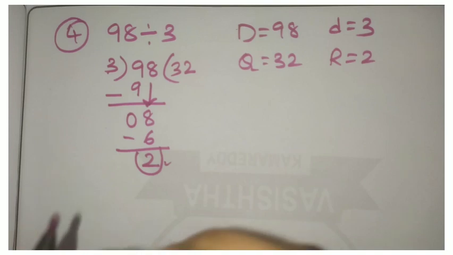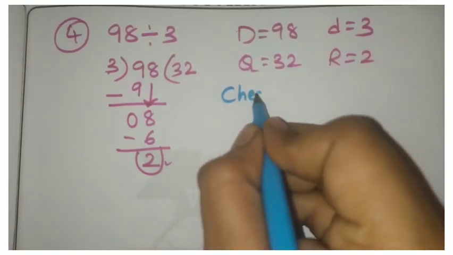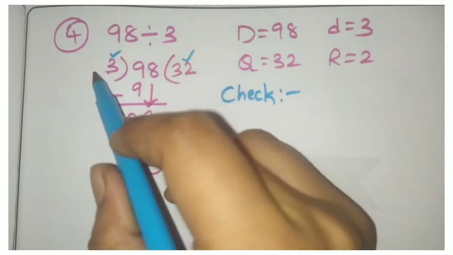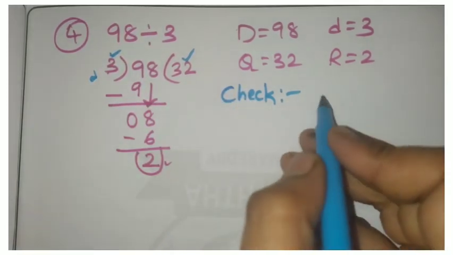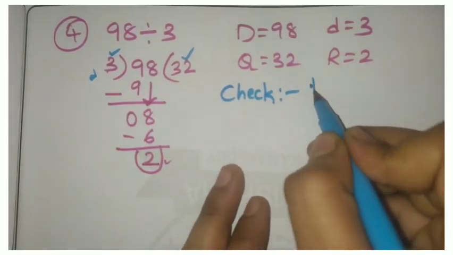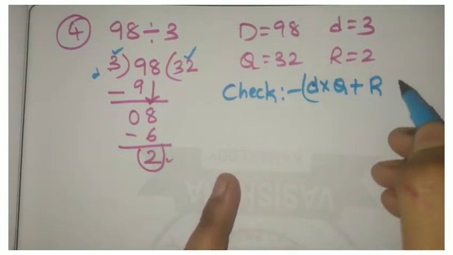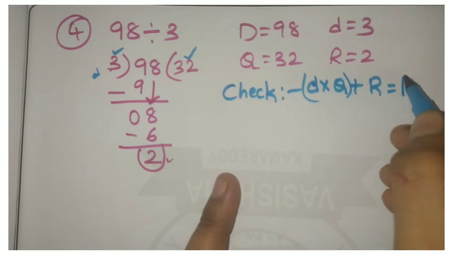Now we'll do the check. What is the formula for check? Yes, we will multiply these two. This is the divisor and this is the quotient. Divisor into quotient plus remainder equal to dividend.